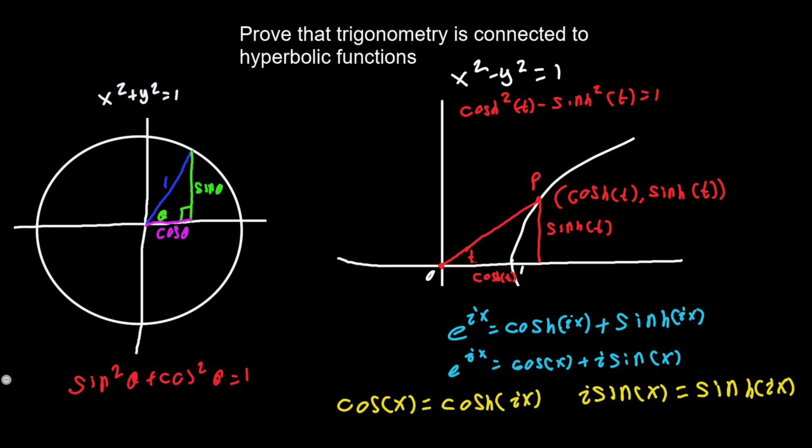So this is very, how do I say this, very beautiful, because you're connecting something seemingly irrelevant like e to the x that has nothing to do with cosine and hyperbolas.